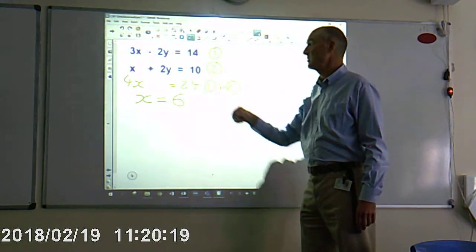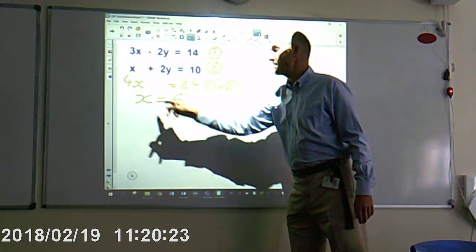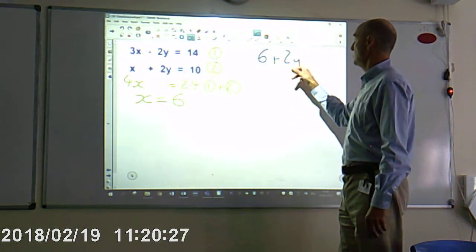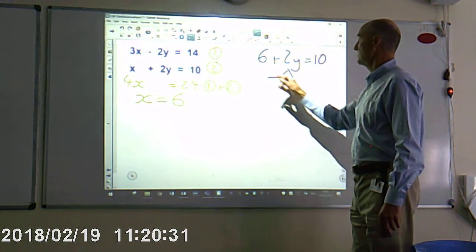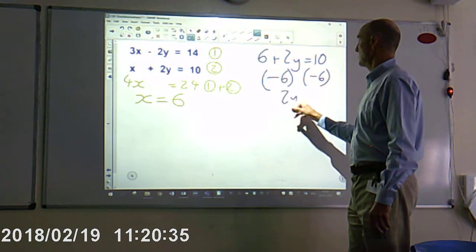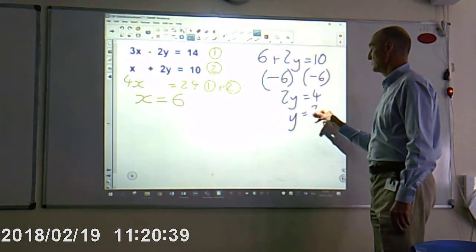If I substitute my values in, the value of x is 6, plus 2y equals 10, minus 6 both sides, 2y equals 4, so y equals 2.